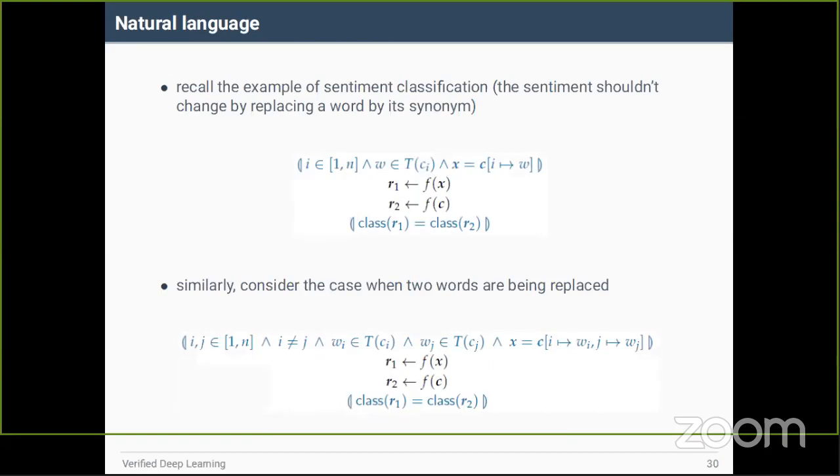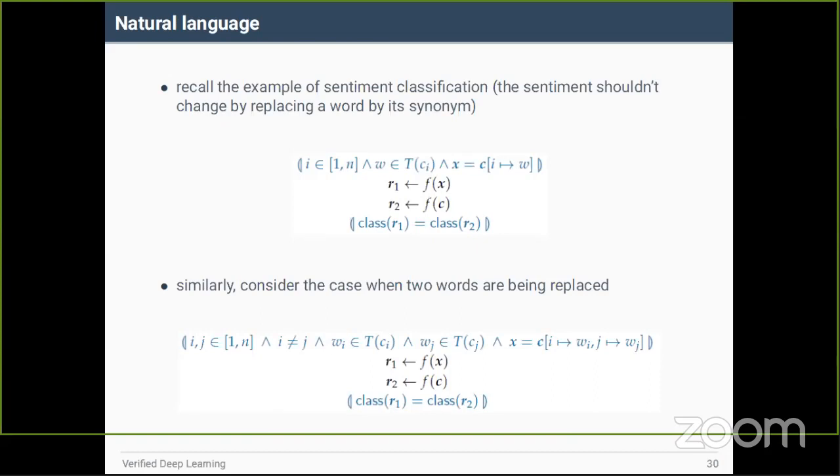This is the example of sentiment classification, where the sentiment should not change when you replace a word by its synonym. Suppose you have a sentence which has n words, and i belongs to 1 to n. i represents the word which you will eventually be replacing. How will you be replacing it? There is some function t, which you can think of like a thesaurus. For a given word ci, it will give you a word w.